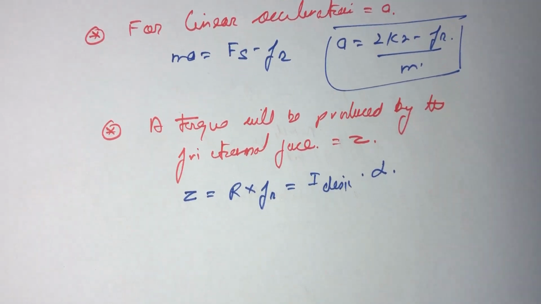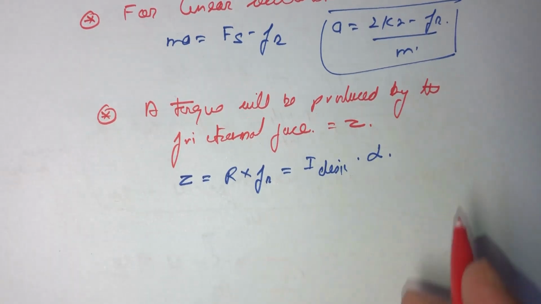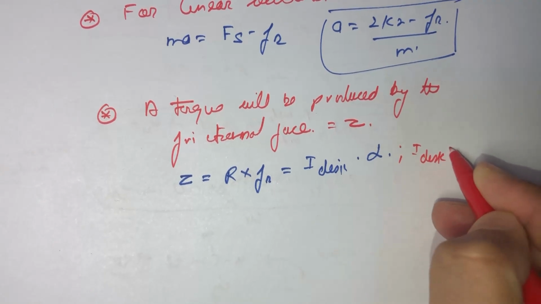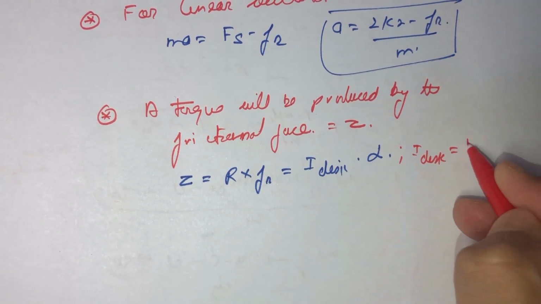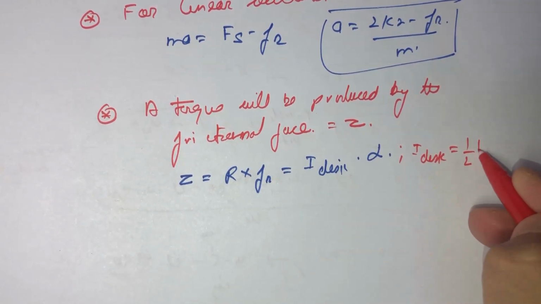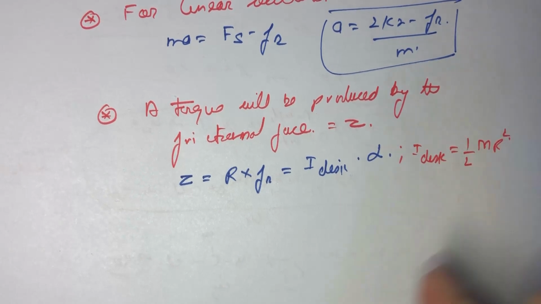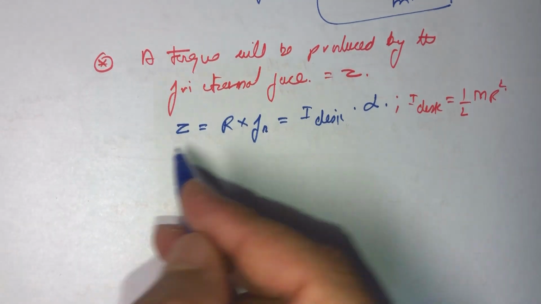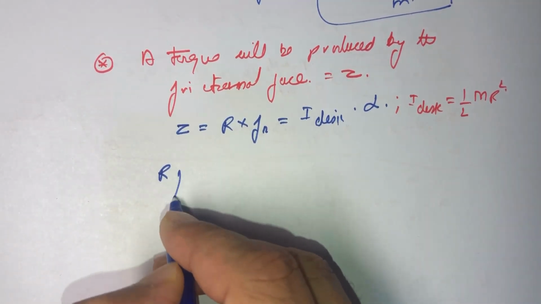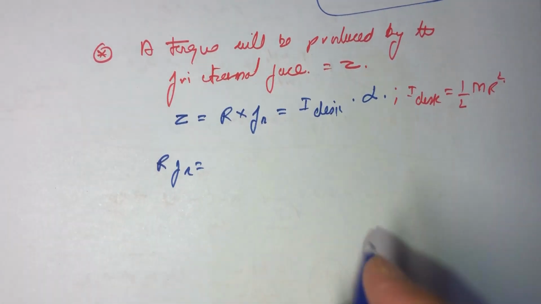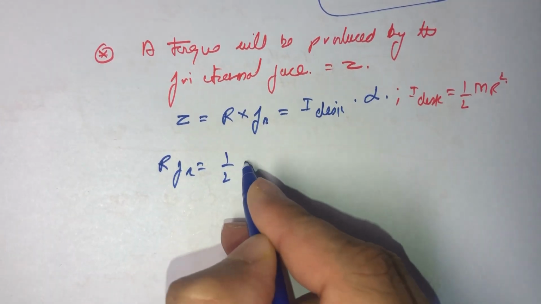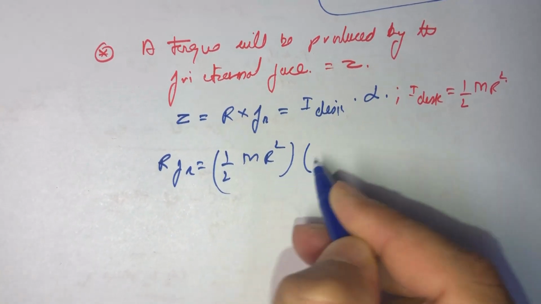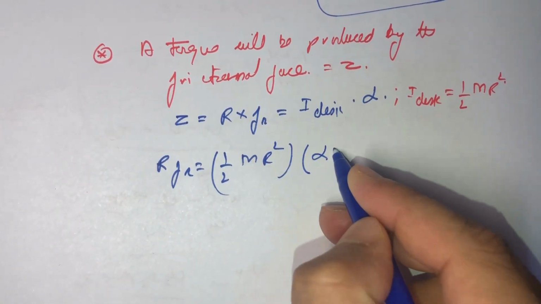And the moment of inertia of the disk, we know that I disk is given as half mr square. Therefore we can write that r times the frictional force will be equal to half mr square multiplied by angular acceleration alpha.